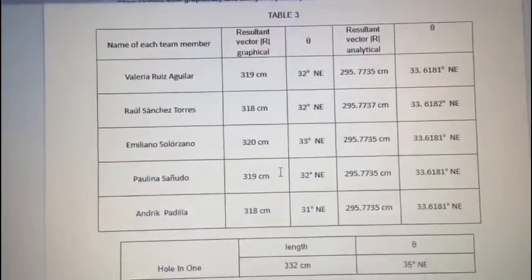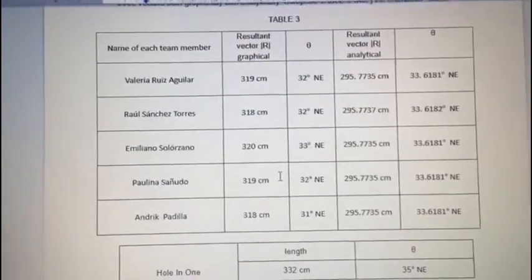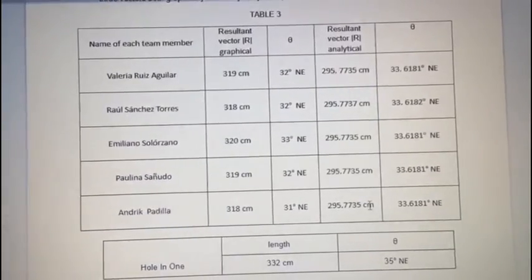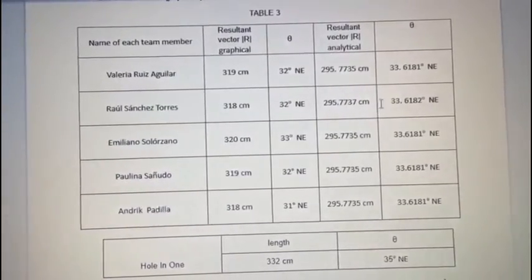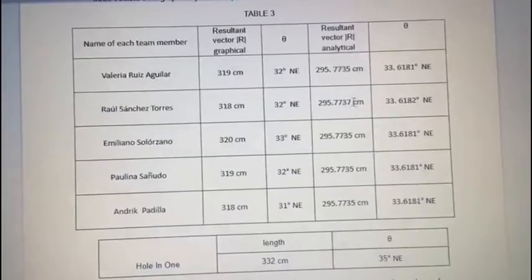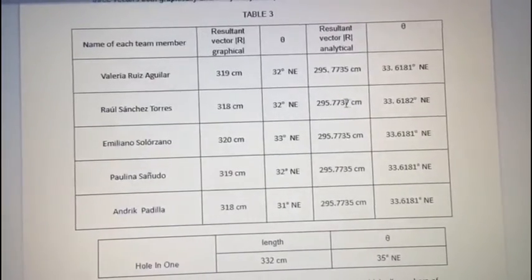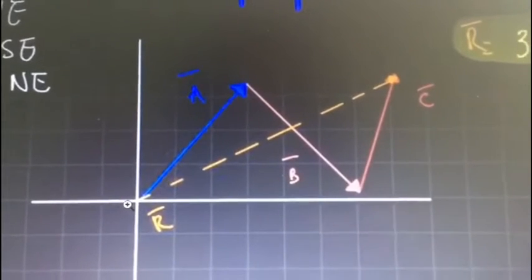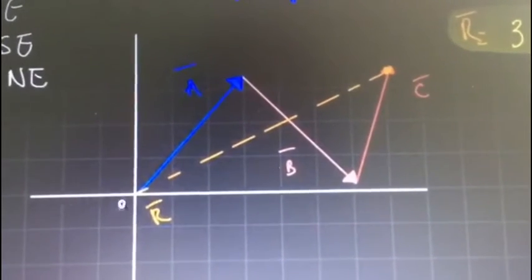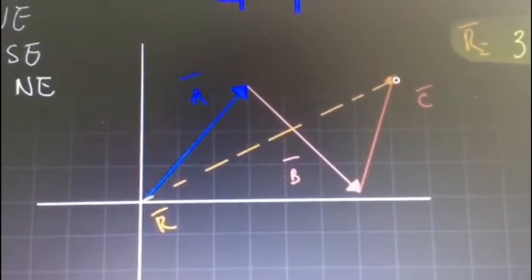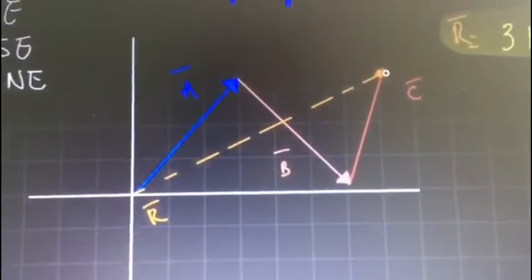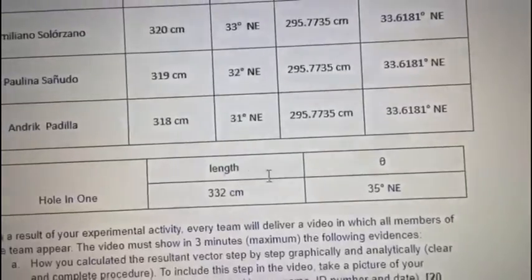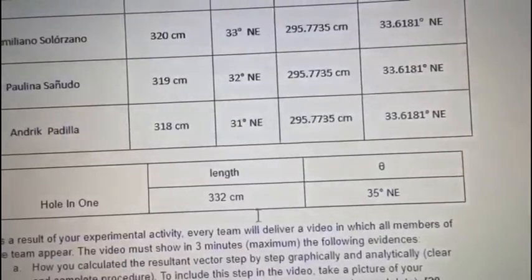This was because we all used a different method to measure, and in the analytical, we almost all got the same, except for Raul, who got a little bit different, but it was really close. The resultant vector that we measured was the displacement from the initial point to the third hole that we made in the minigolf, and this was a little bit different than what Andrik measured, but it was really close.